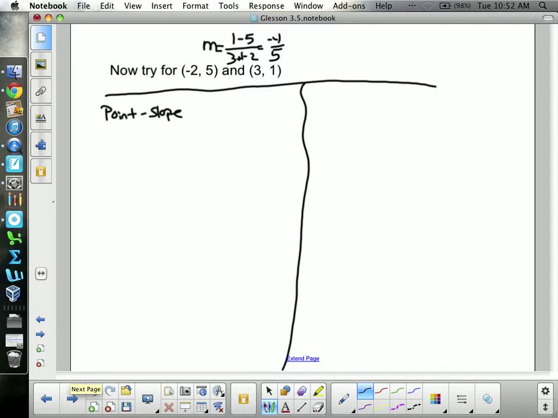Okay. I'm going to pick the point (3, 1) as my point. I'm going to write it down. y minus the y coordinate of that point equals m times (x minus the x coordinate of that point). Then I'm going to distribute.